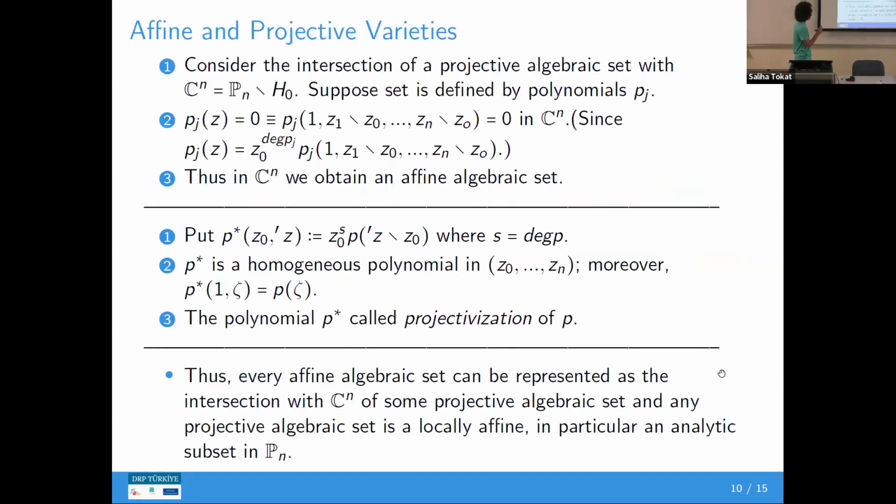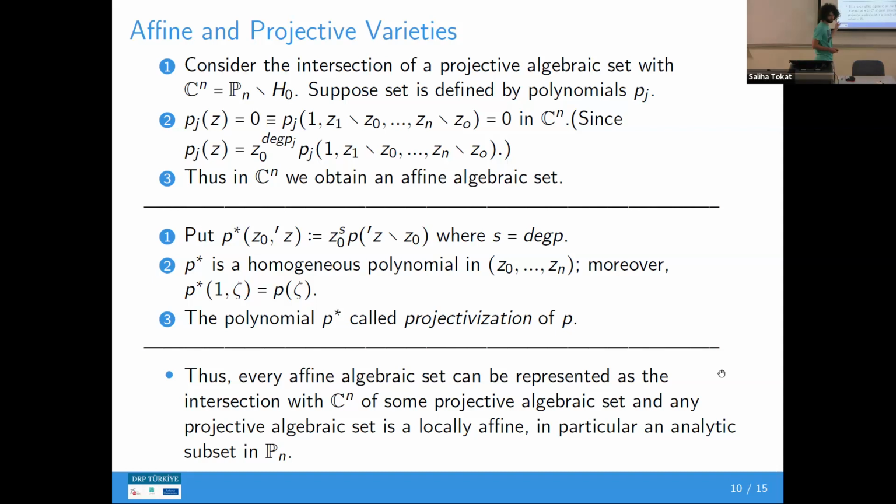Okay, and here we are going to talk about affine and projective varieties. So we defined an affine algebraic set. A projective algebraic set has a similar definition.